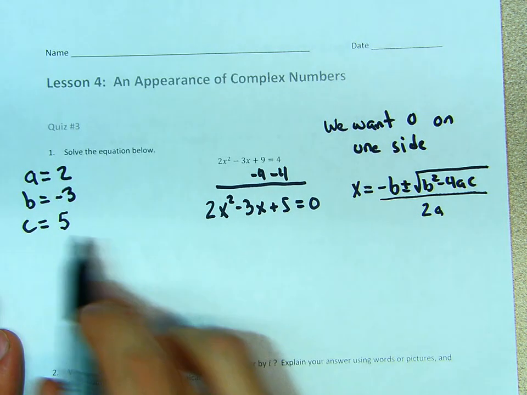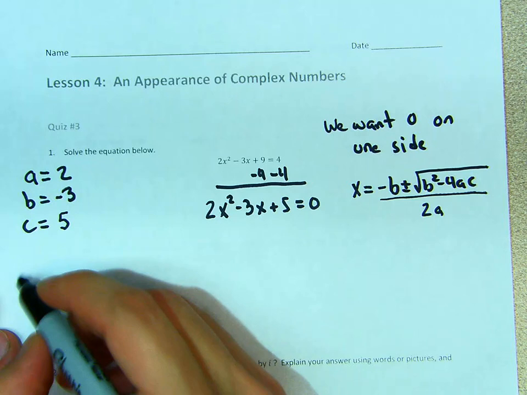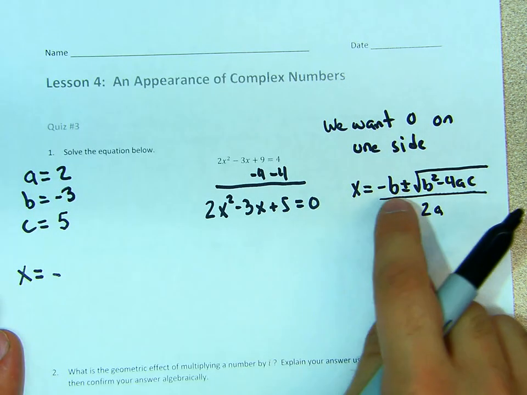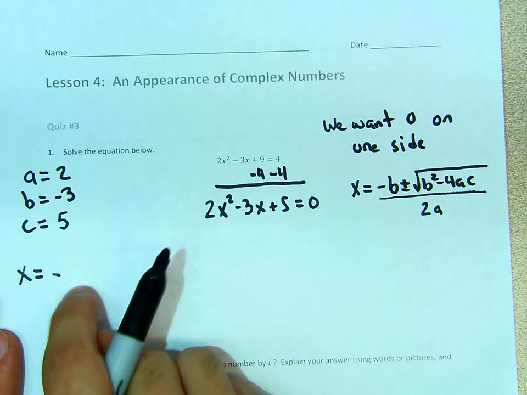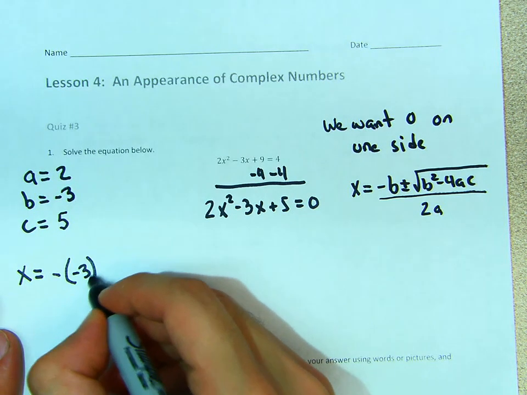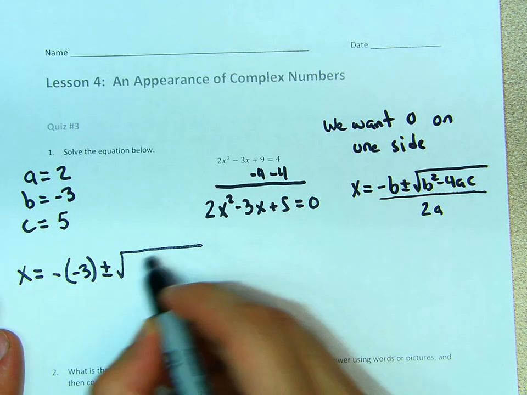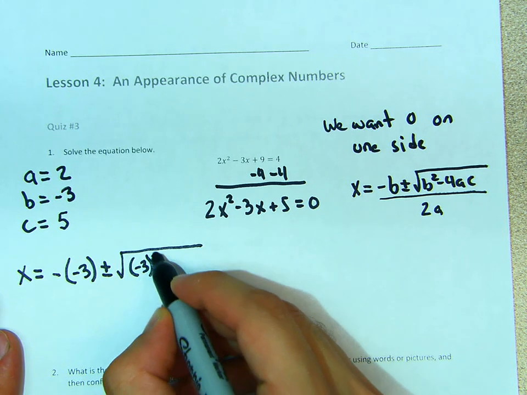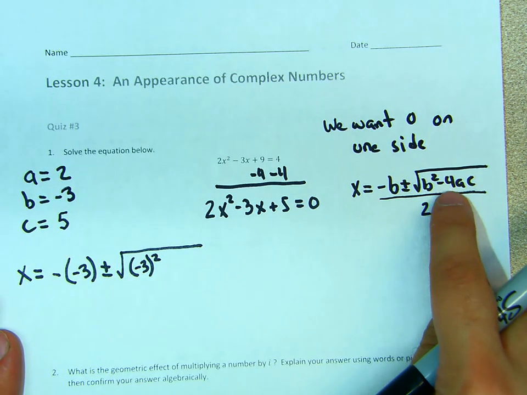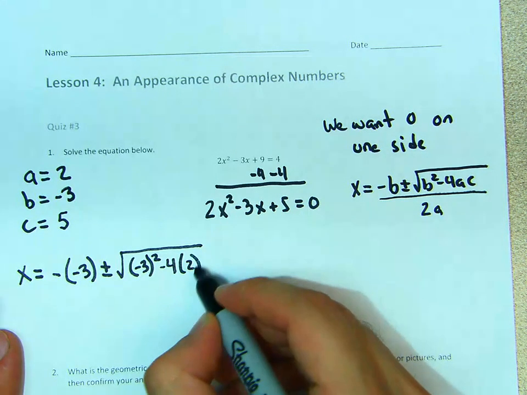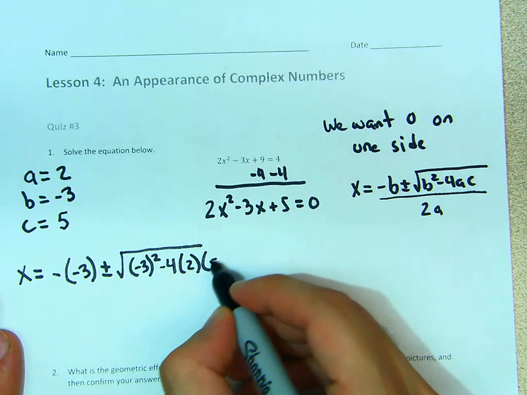Okay, so now we've got to plug these numbers in. So x is equal to negative b. Okay, let's put the b in. So parentheses negative 3 plus or minus the square root of negative 3 squared minus 4 times 2 times 5.